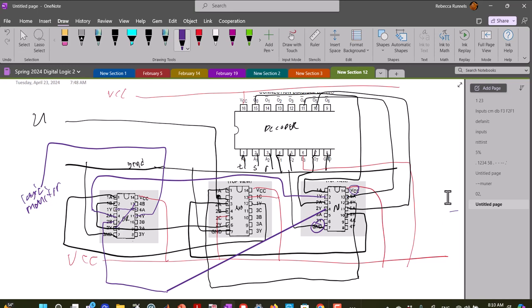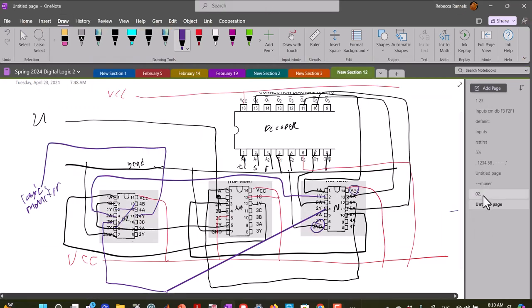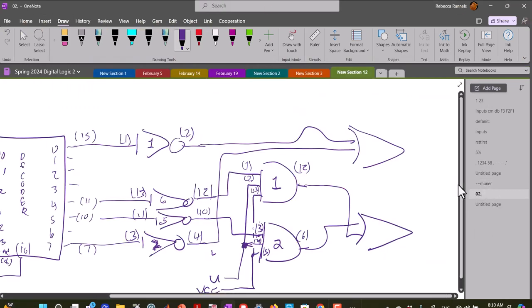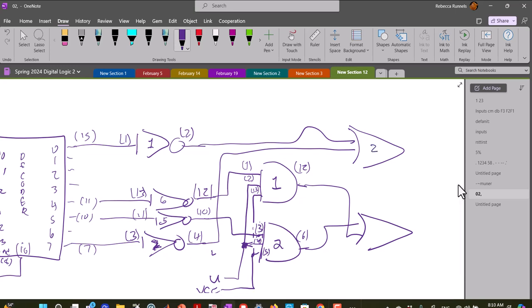So those will be 4 and 5. So that's pin 4, that's pin 5.